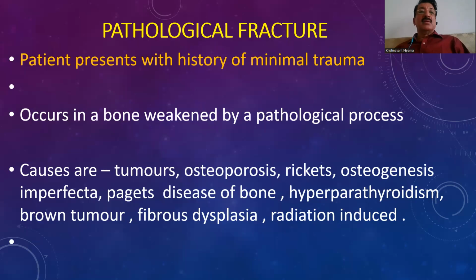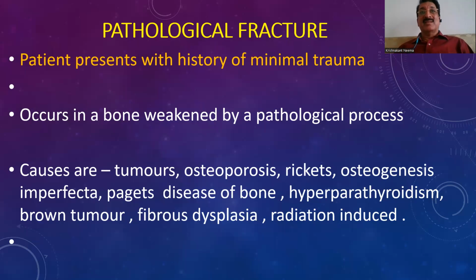A pathological fracture is very important, which is my favorite topic. Here you get a patient who has a fracture, clearly shown on the X-ray. But you find that the history of trauma is very trivial, very minimal trauma causing the fracture.